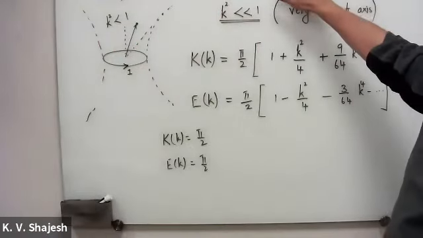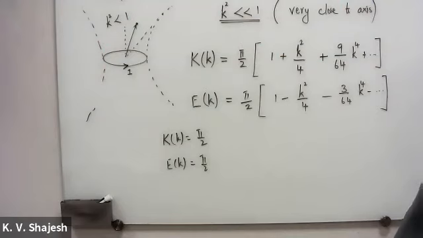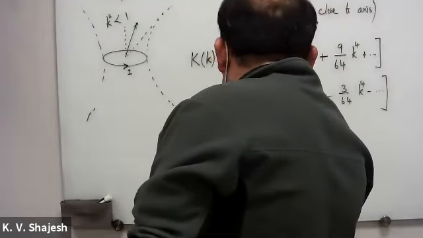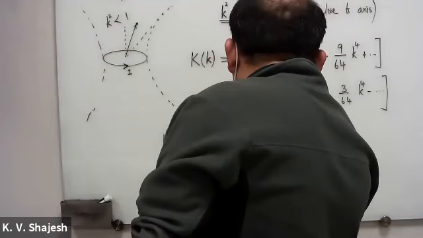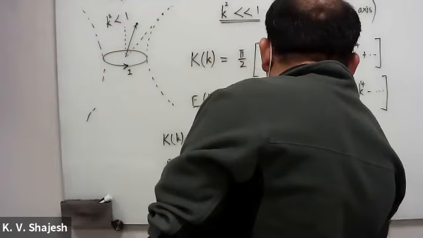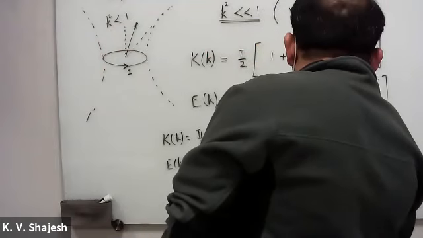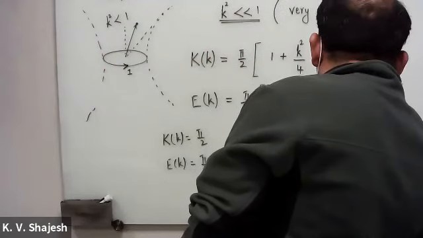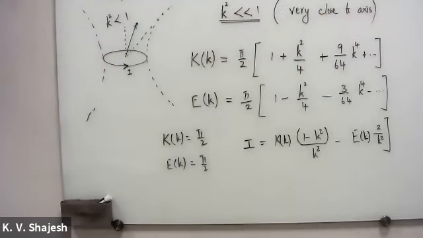And let's see what is there in this. Let me call this I, equal to K of k times 1 minus k square over k square, minus E of k times 2 over k square. That's very naively speaking. Let's do that.